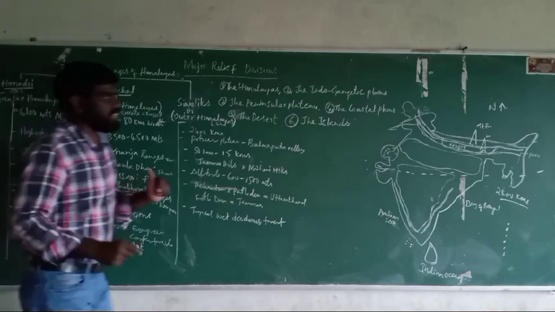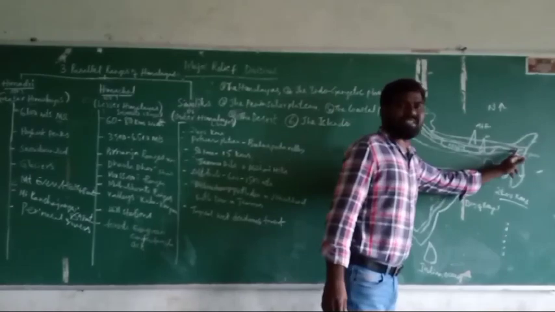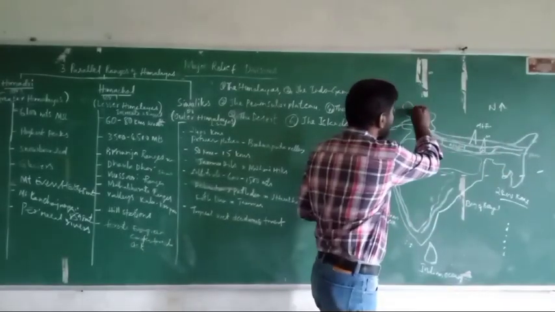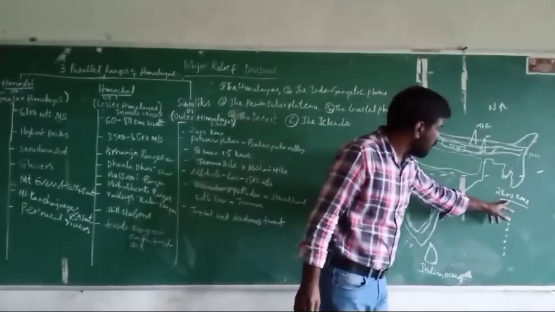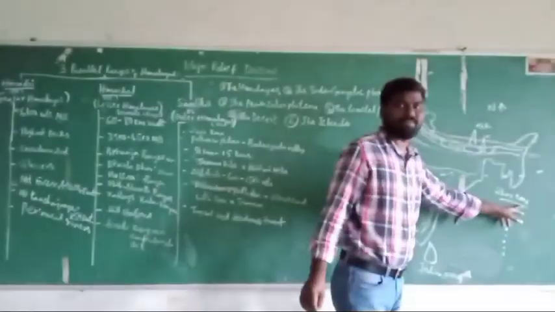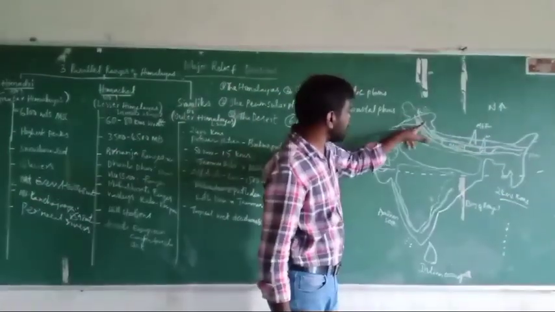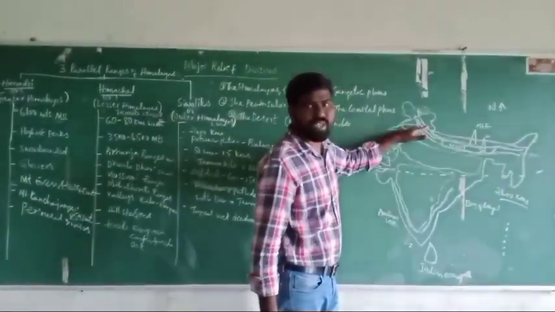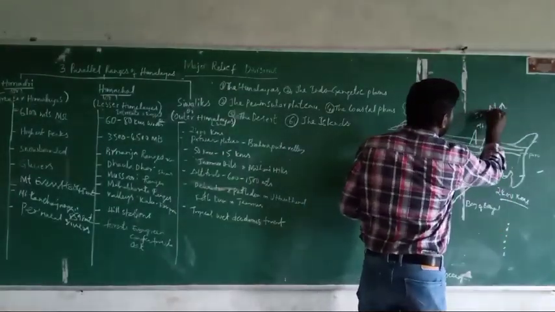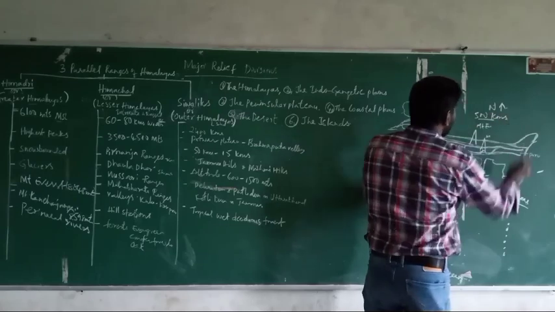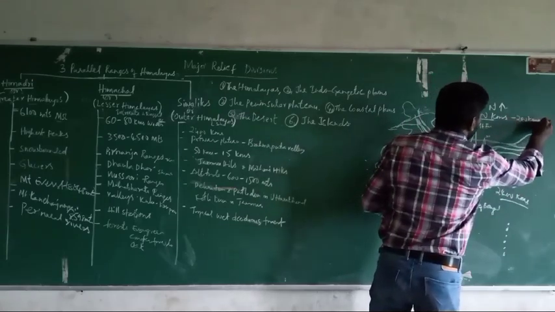Once again, these Himalayas run consistently from northwest to southeast for how many kilometers? 2,400 kilometers. The width of these Himalayas in the west is 500 kilometers, and in the east it is 200 kilometers.